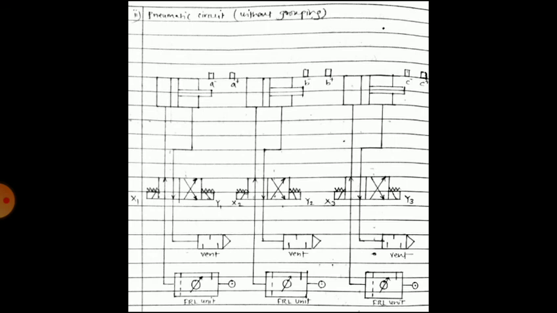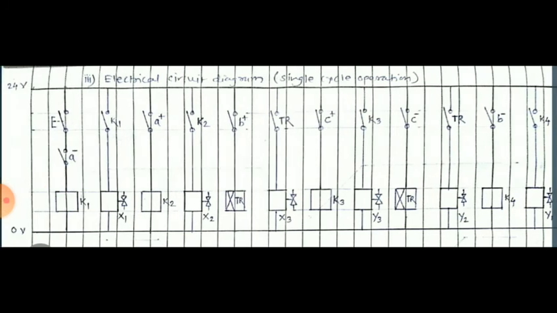Then a delay is required. At the end of the return stroke, when the cylinder rod is at C minus, you can see here the ninth vertical line. So C minus will activate the timer, because after the return stroke a delay is required.